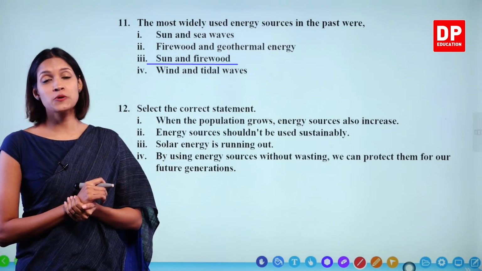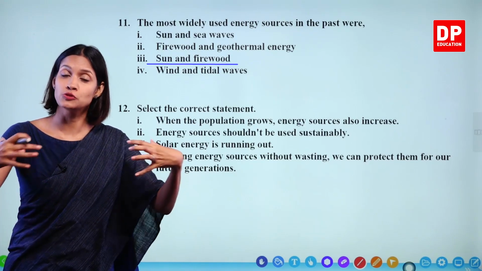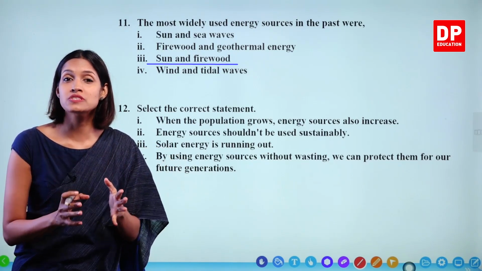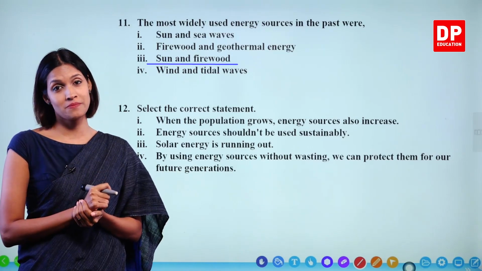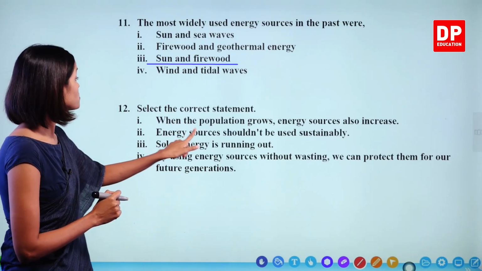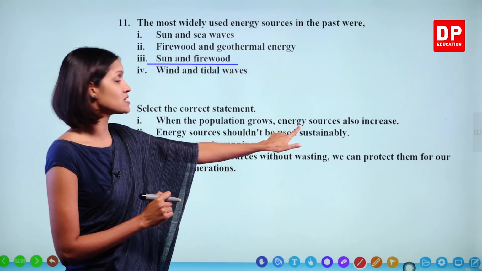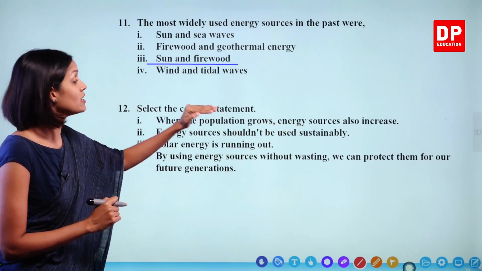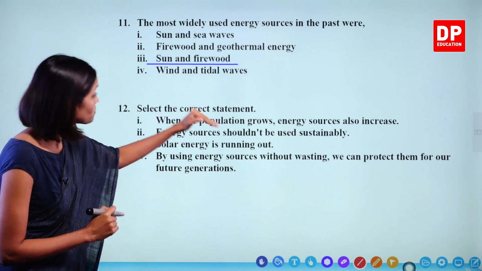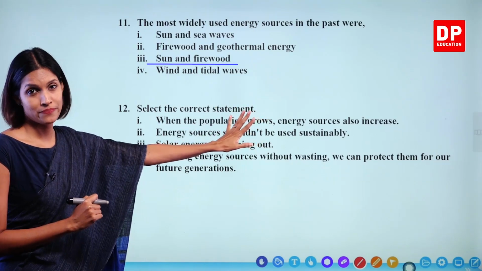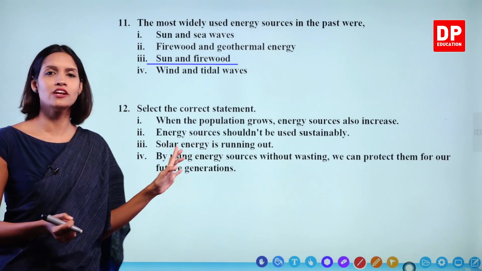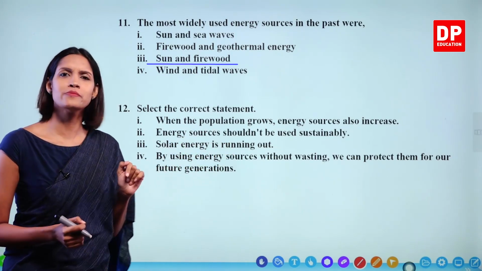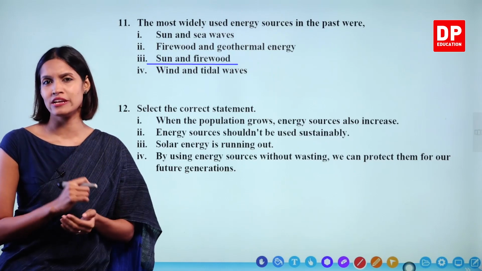Sustainable use of energy sources means, children, while we are using them, we have to use them without wasting, so our future generations also can use them. So energy sources should not be used sustainably? No, that is not correct. Energy sources should be used sustainably. Solar energy is running out. It's also not correct because solar energy is a renewable energy source.